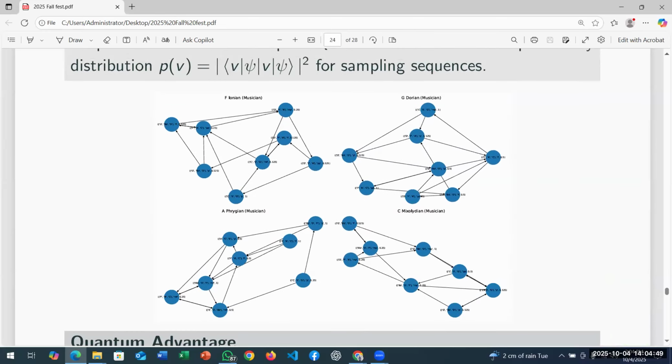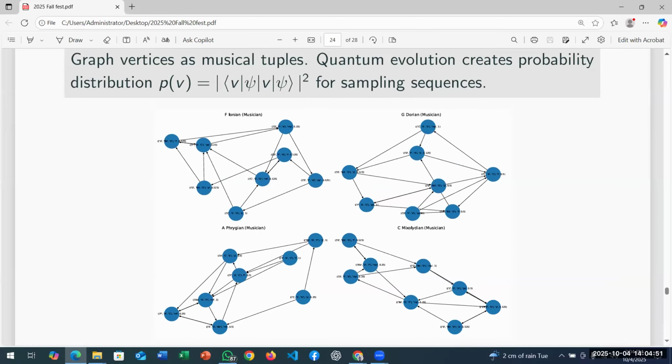Now, what I'm trying to say here is that I pick a particular key for all of them, and that is F major. In F major, we have F as the root note, serving as Do.